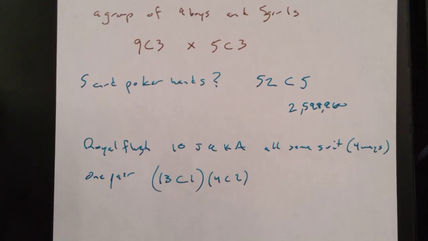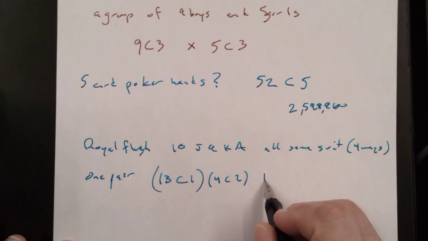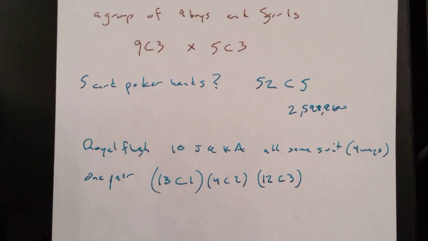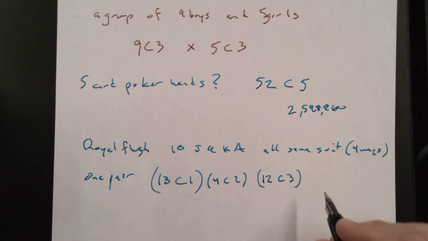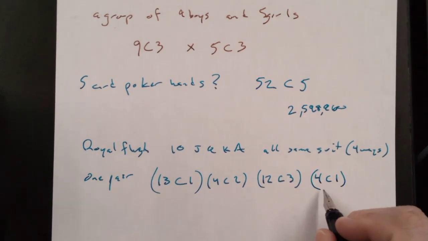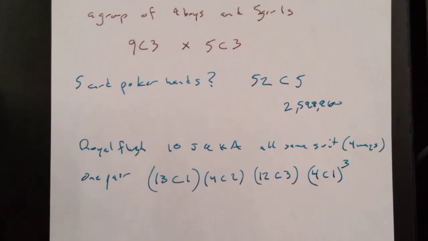Out of the 12 remaining values, I need 3 different ones. Now, each of those values has 4 cards. How many of those value cards can I get for each of those values? I can only get 1. So I'm going to take 4 choose 1, and I'm going to do that 3 times.